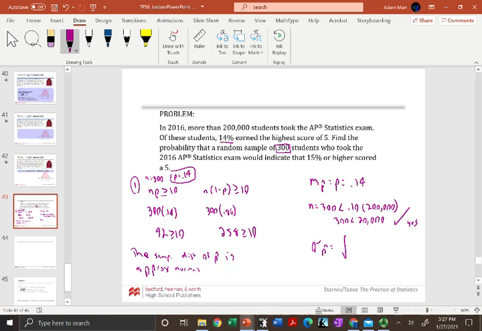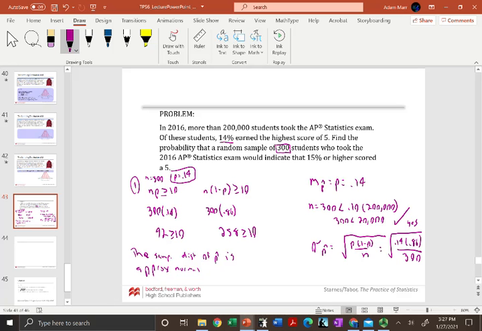That's going to be, remember, the square root of P times 1 minus P over N. P is 0.14, 1 minus P is 0.86, and N is, once again, 300. So 0.14 times 0.86 all over 300, and then take the square root of that.